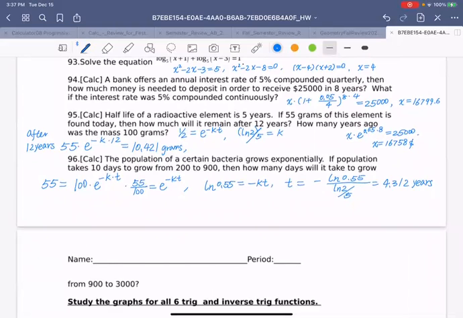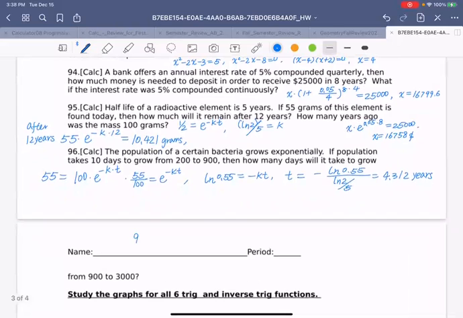Now, the last one for this population. It takes 10 days to grow from 200 to 900. So 900 equals 200 times e to the kt.